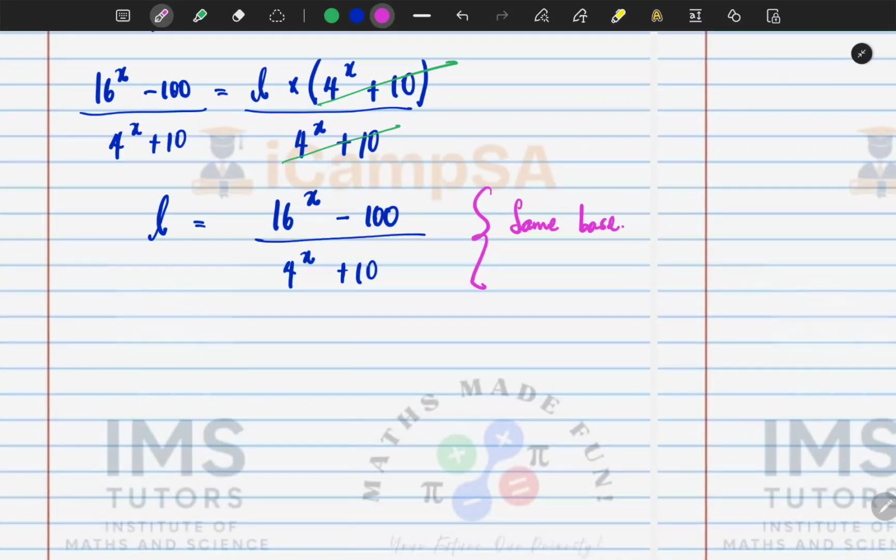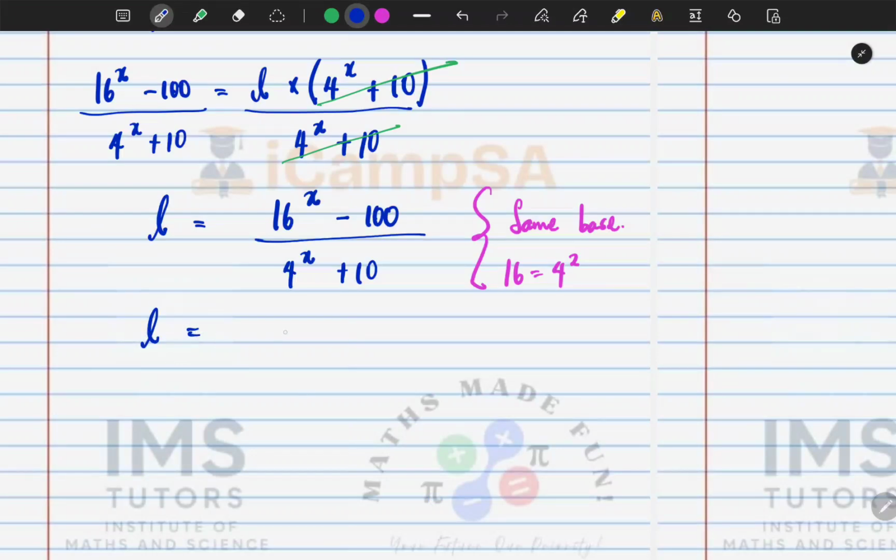I want to have the same base, so I want 4 raised to the power of something. So 16 can also be written as 4 squared. So that's what I'm going to do now.